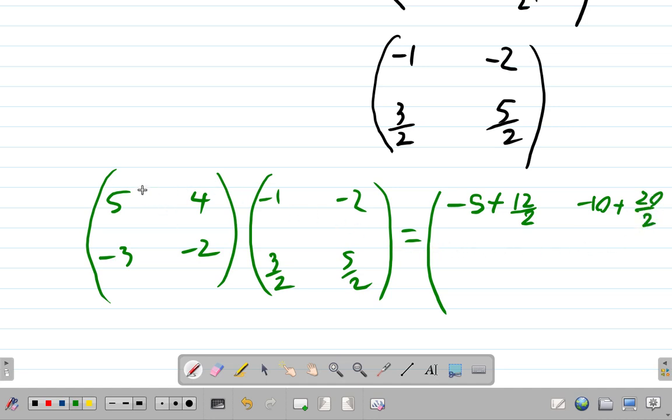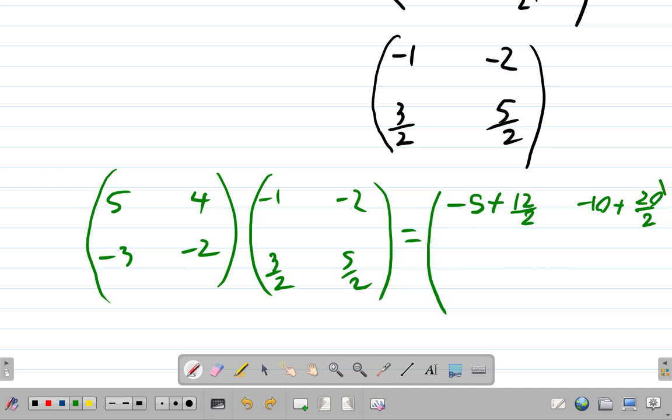I hope you're seeing this. Row 1 times column 1. First element in row 1 times first element in column 1, negative 5. Second element in row 1 times second element in column 1 gives us 12 over 2.